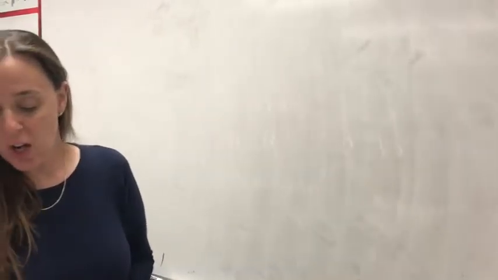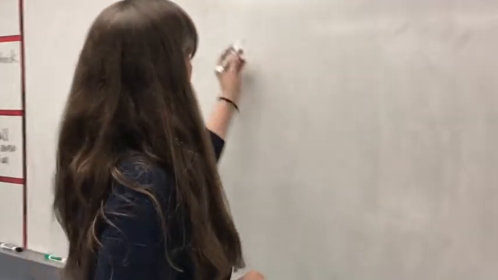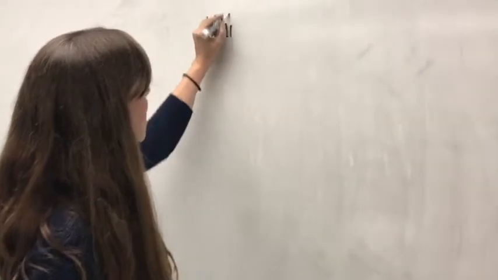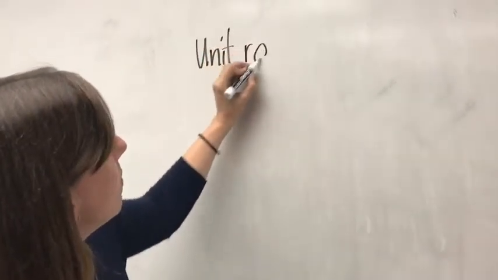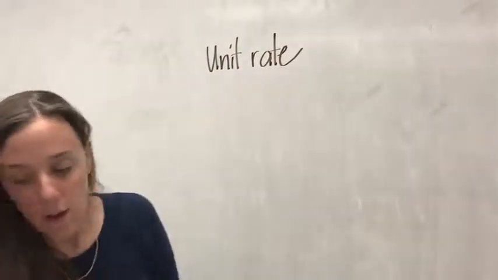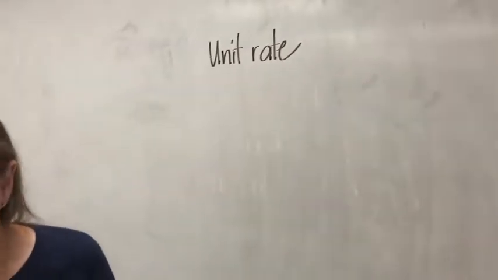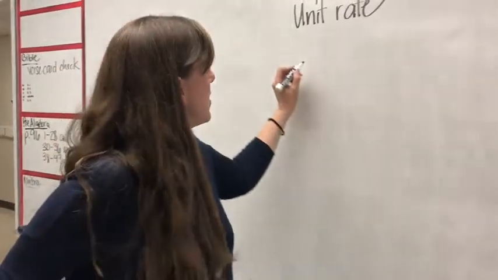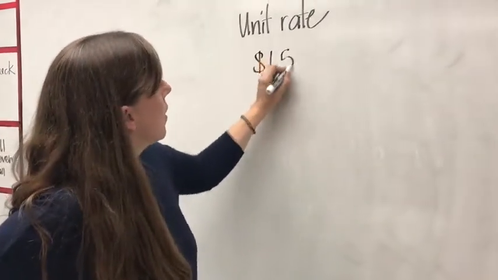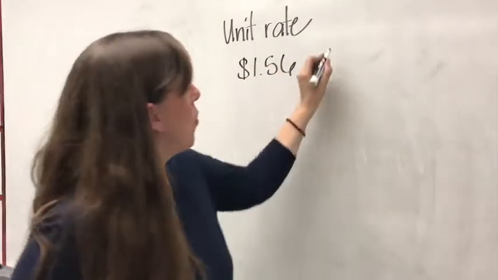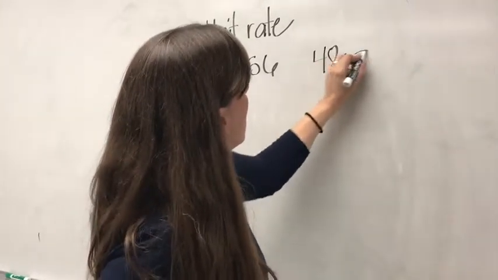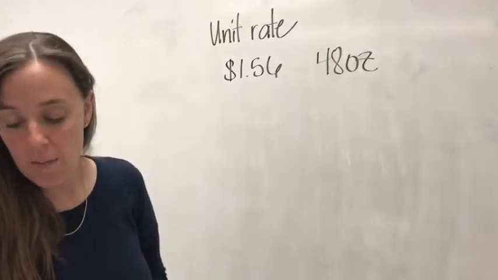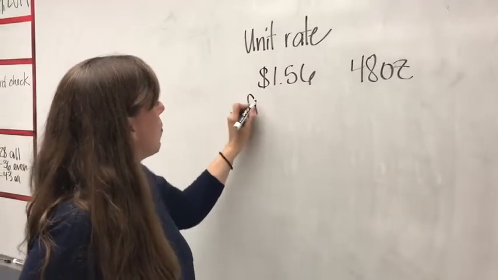Okay, let's talk about unit rates. This is going to be a unit rate problem. And it says, a brand of grapefruit juice cost $1.56 for 48 ounces. Okay, and it says find the unit rate.